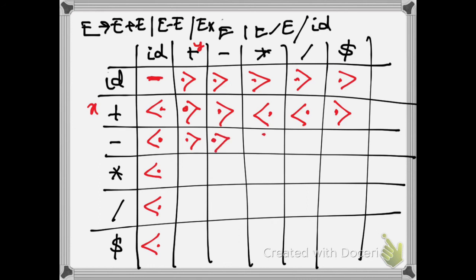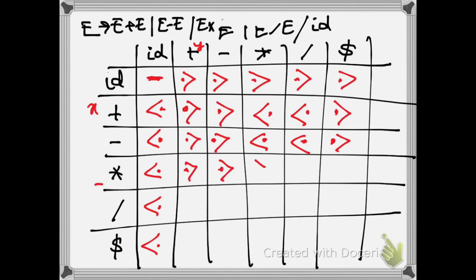So minus and plus. Now this minus will get higher precedence. Minus minus, the left hand side will have higher precedence. Minus and multiply, multiply will have higher precedence. Minus and division, higher, but minus and dollar, minus will have higher. Same here, star and plus, star will have higher. Star and minus, star is higher.